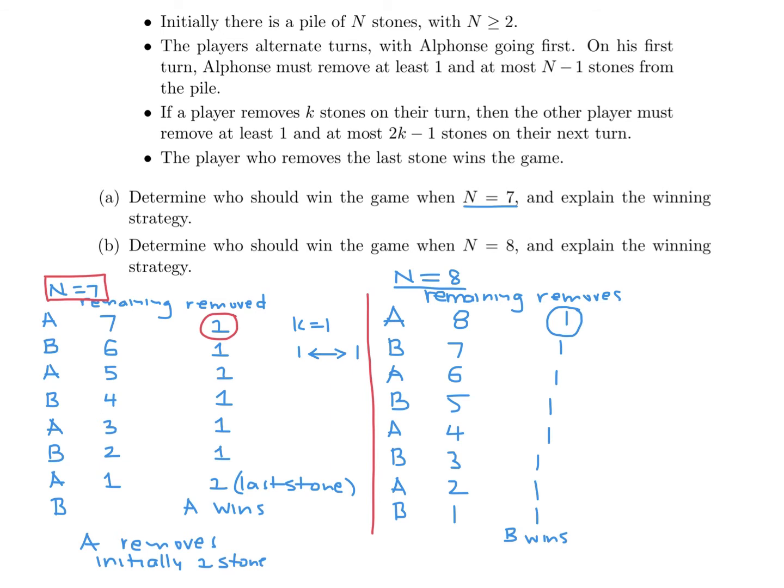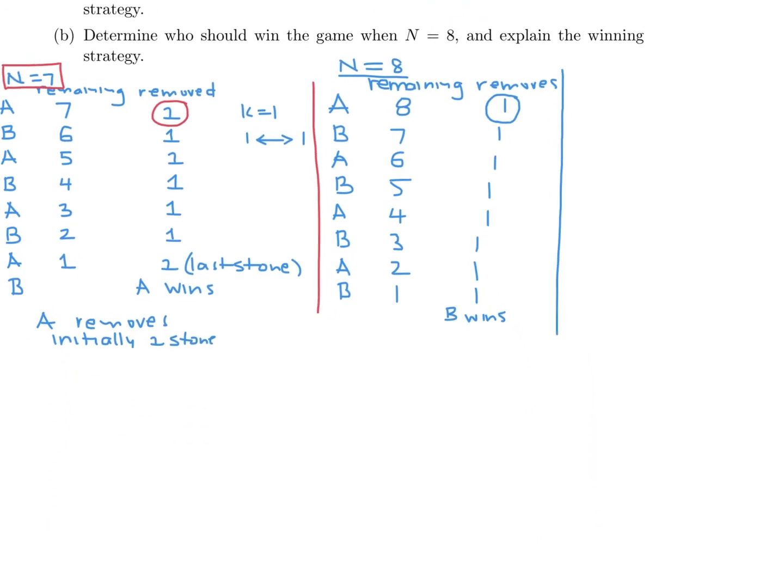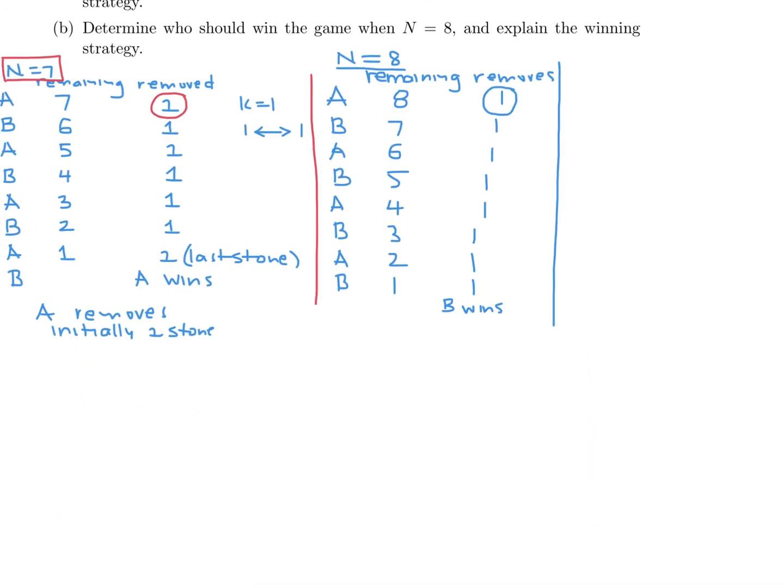Okay, that's great. But what about if A removes 2? Let's see what happens when A removes 2. So same story, A, B, there's no C. But now we're going to see what happens if we have an initial move of 2.